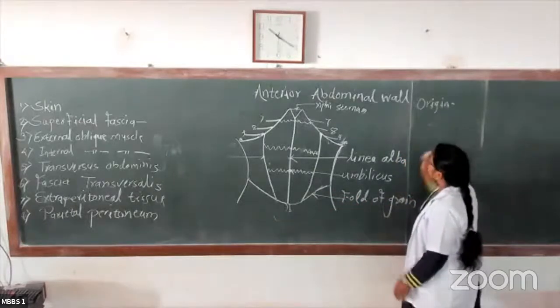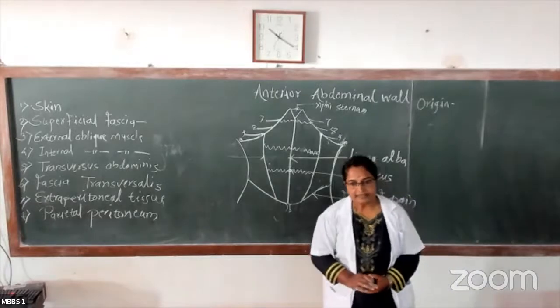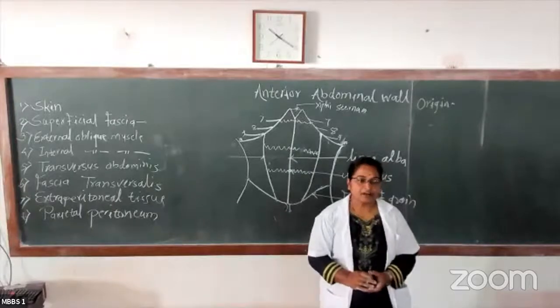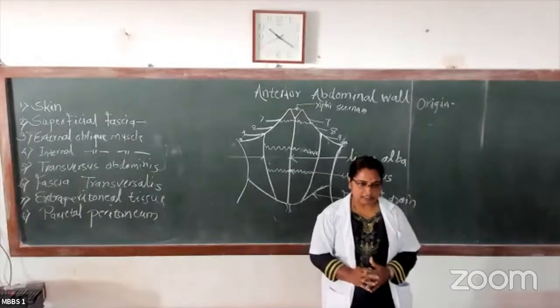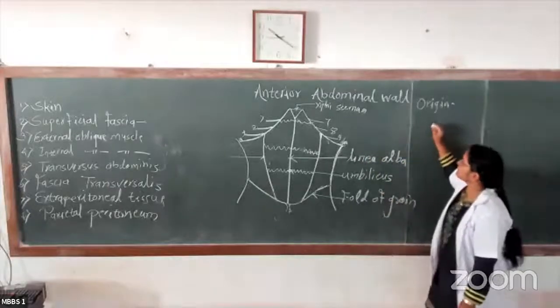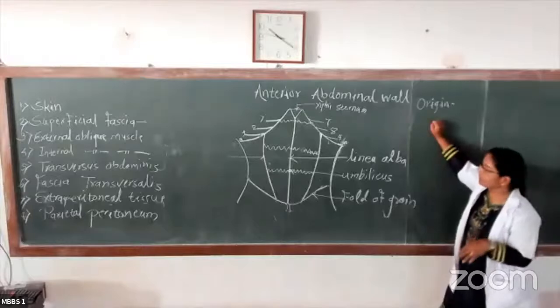Upper 4 slips interdigitate with the serratus anterior, and lower 4 slips interdigitate with the latissimus dorsi.